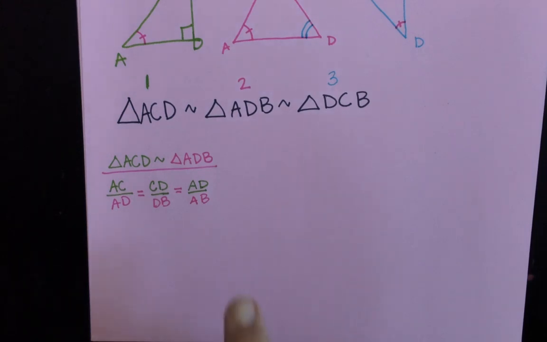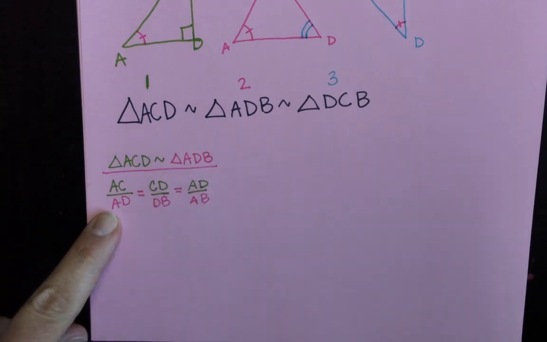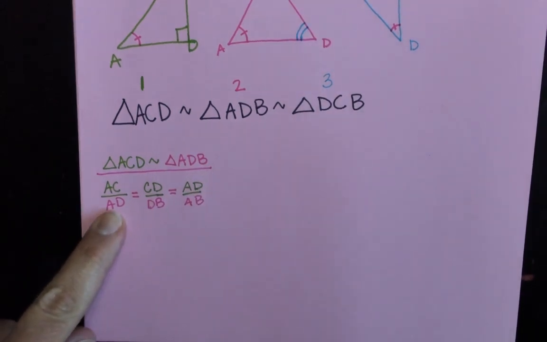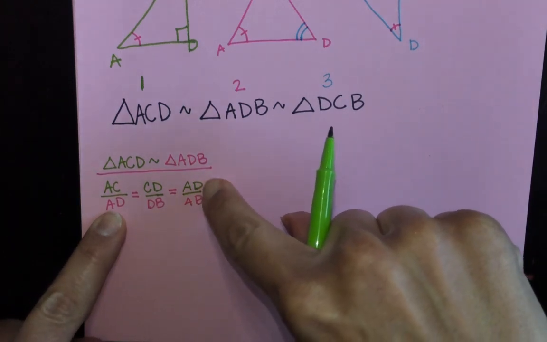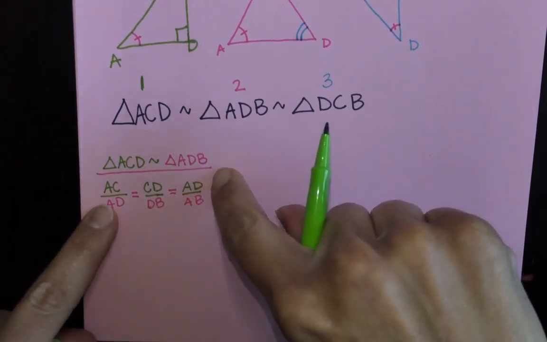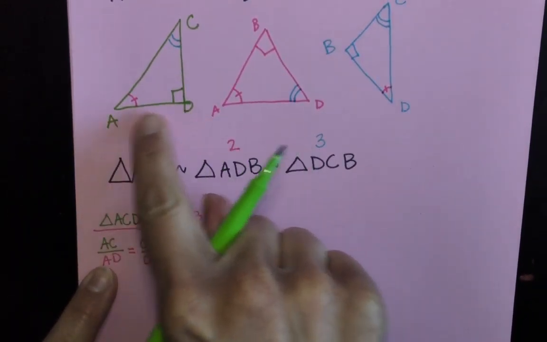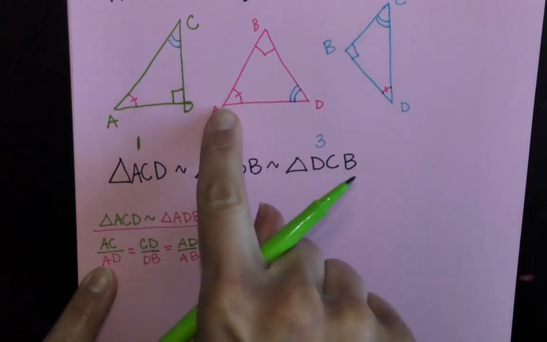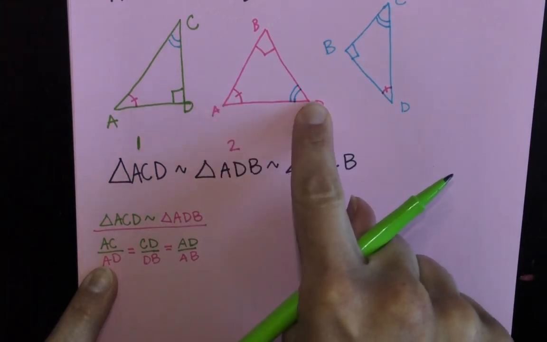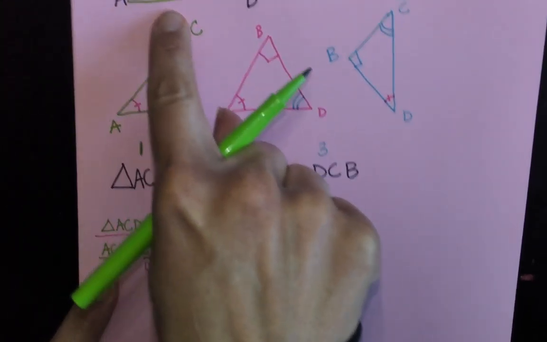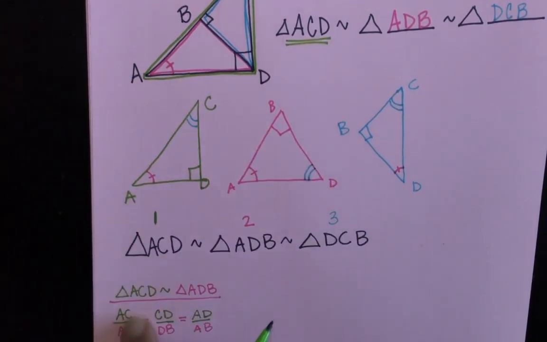Now notice, across from each other, you can see that AD gets repeated. In one triangle, it's a certain segment. In another triangle, it's a completely different part, but it's the same side. It's AD. In one triangle, it's the leg of the right triangle. In the other triangle, it's the hypotenuse. Same segment. You can see it up here. It's the same length, but they do not correspond.